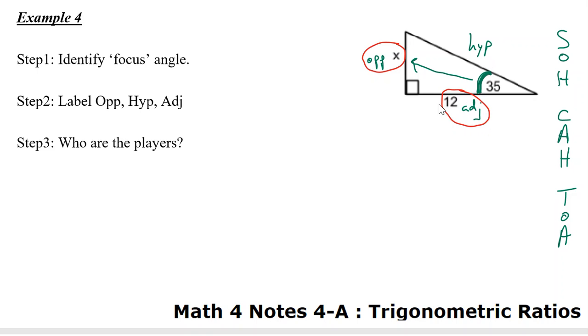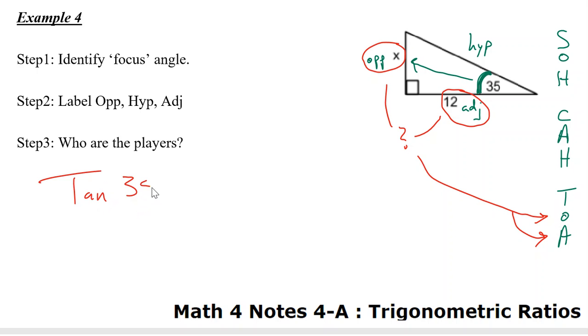I don't need him. So my players are opposite and adjacent. Who is it that uses both of those? Opposite and adjacent. Your players here are going to dictate which one of these three you're going to use. Because I'm using opposite and adjacent, this is going to be a tangent problem.